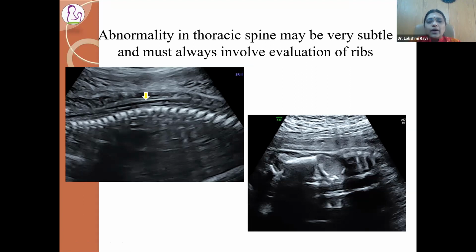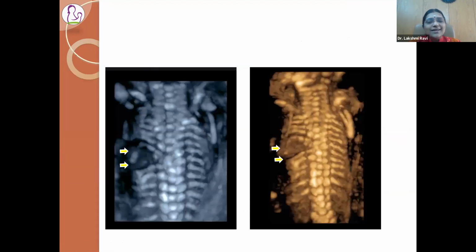Here is where you have a tremendous advantage of 3D, because in the next image I show you, you clearly understand what is happening. So you have hemivertebrae, and because of these hemivertebrae, you have so many missing ribs here. So nicely you can show that these ribs are missing here.